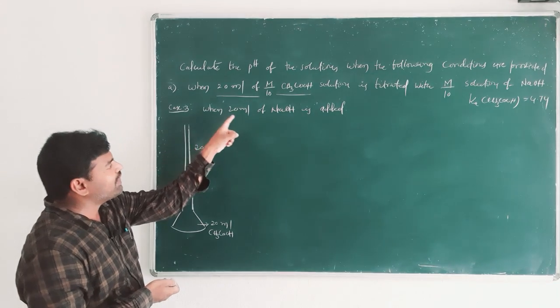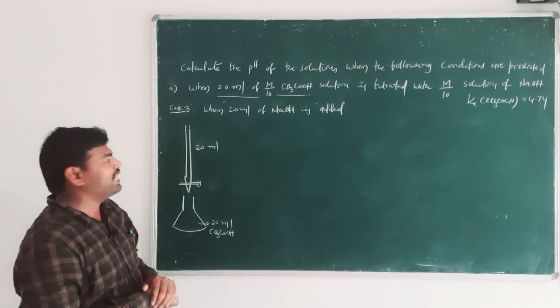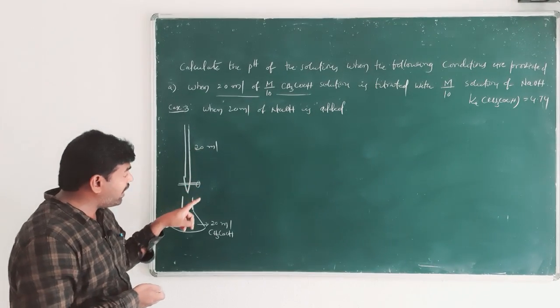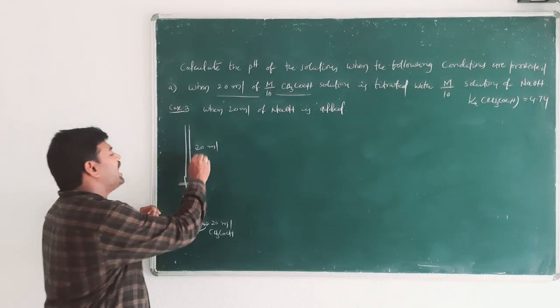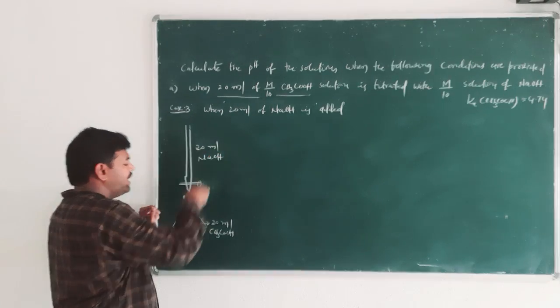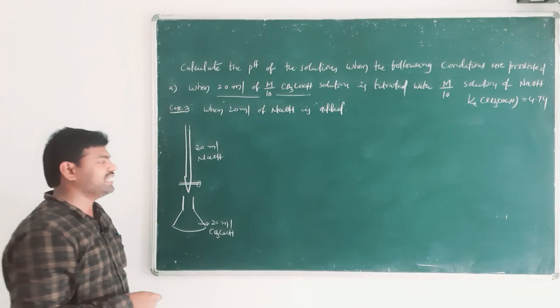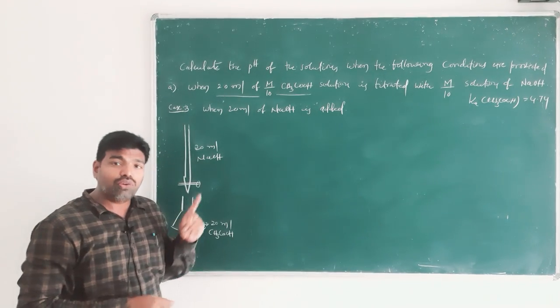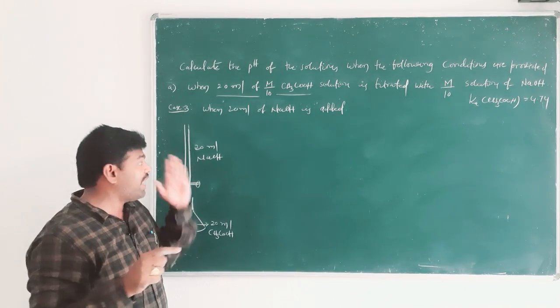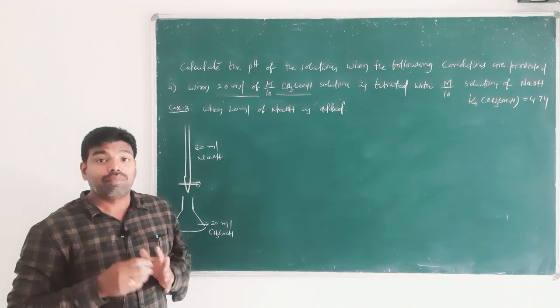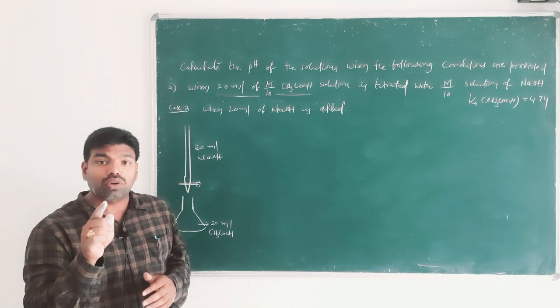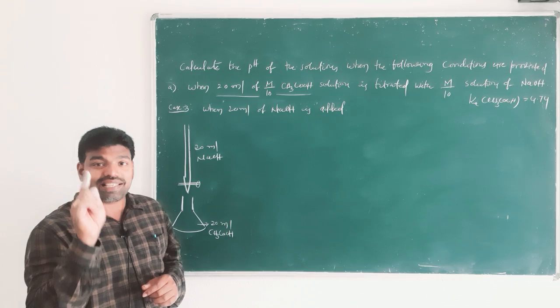So, these are the different conditions. Here the condition is when 20 ml of NaOH is reacted with 20 ml of acetic acid. So you have to calculate the millimoles of acid and millimoles of base, to know the extent of reaction.